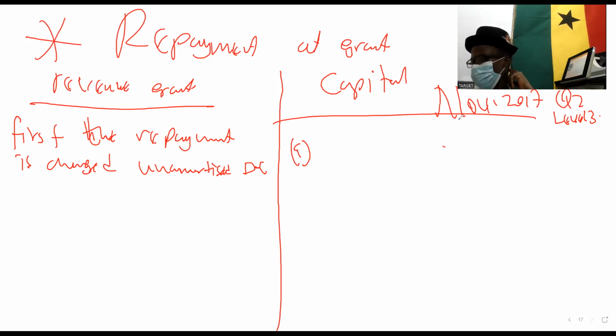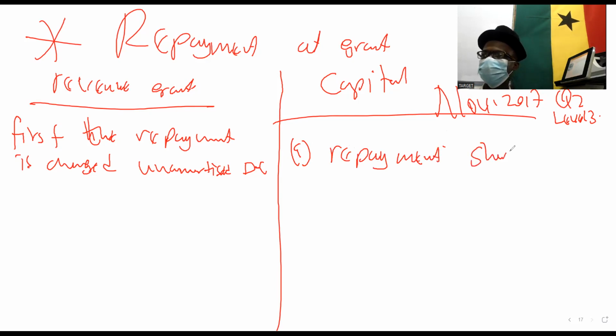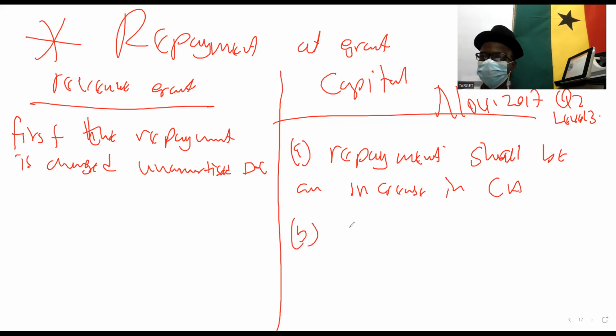First of all, the repayment shall be used as what? The repayment shall be an increase in the carrying amount. So add it to the carrying amount. Number 2, then you charge what?